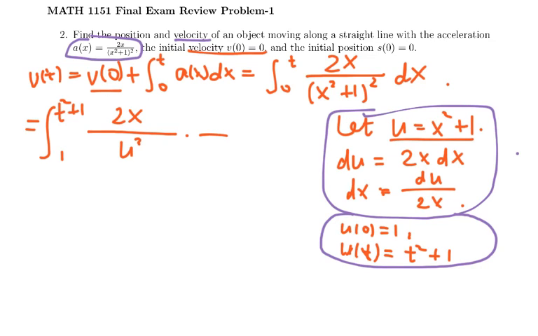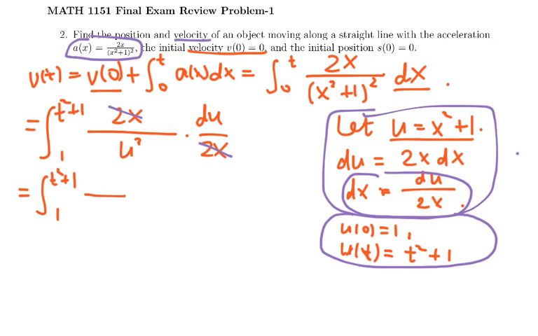Then we replace dx by du over 2x. Now you can see we can cancel the 2x in the numerator and in the denominator, and we actually have the integral from 1 to t squared plus 1 of du over u squared.